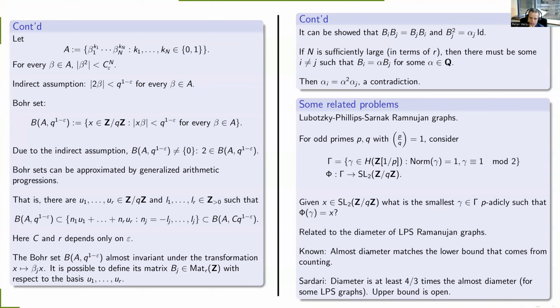Sardari showed that if you look at not the almost diameter, but the diameter, then this is going to be at least 4/3 times the almost diameter.